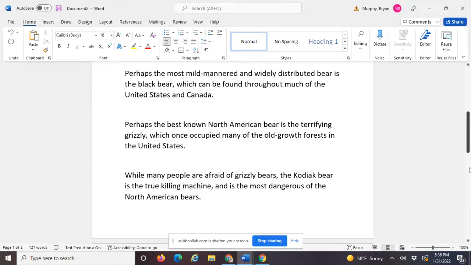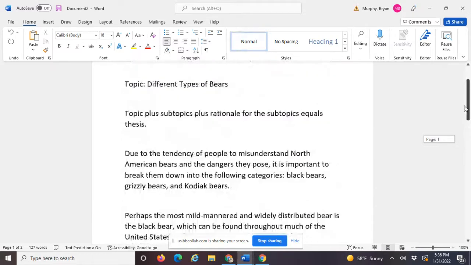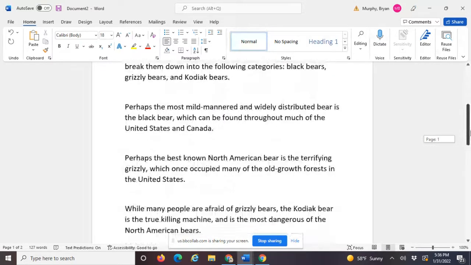All right. Well, many people are afraid of grizzly bears. The Kodiak bear is the true killing machine and is the most dangerous of the North American bears. Okay, that will do. These are thesis and topic sentences which have to do with bears, classification and division.